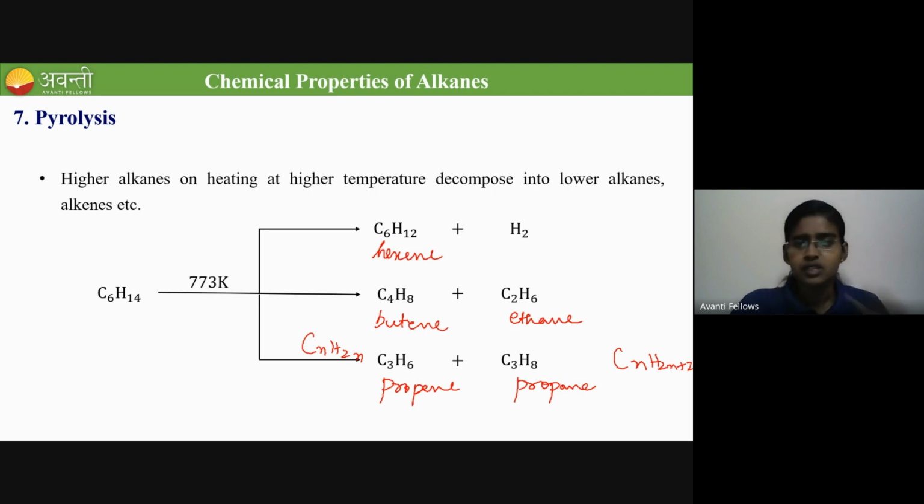So this kind of breaking down is happening in hexane. In hexane, we can see 6 carbons arranged in a linear fashion. So we have carbon-carbon bonds as well as carbon-hydrogen bonds in it. In many cases, this carbon-carbon bond will be broken down.